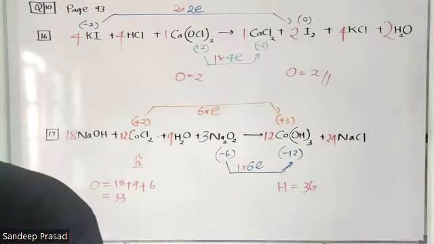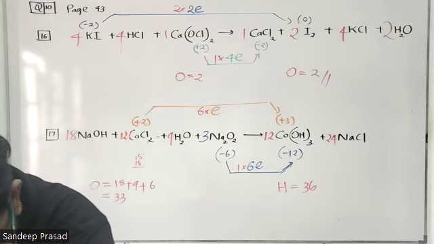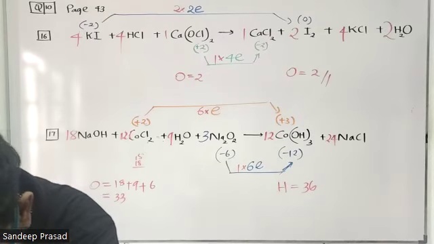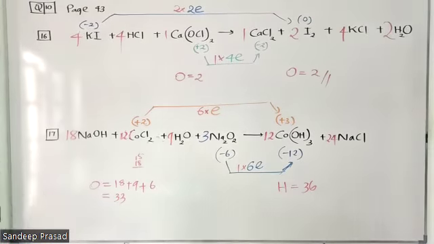Students, anyone who balanced the 17th one? Anyone here? Vidushana, you got two cobalt chloride, sodium chloride. Vidushana and Dwara, you got the answers, no? Right.